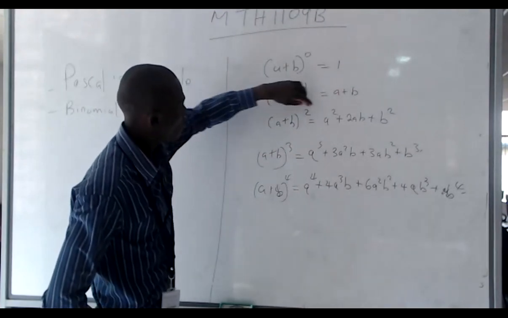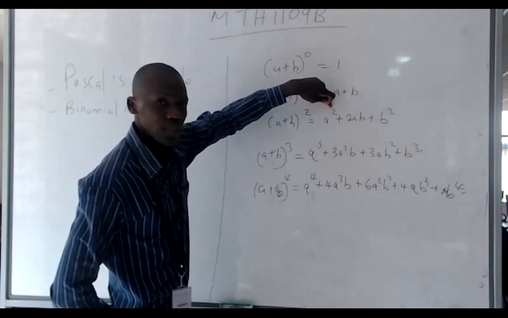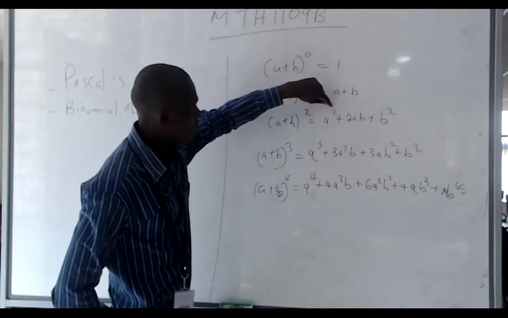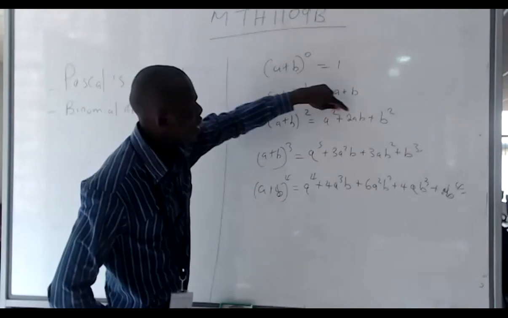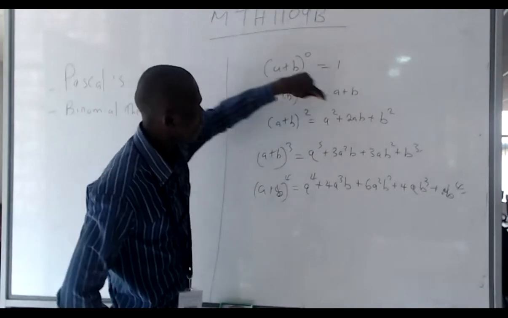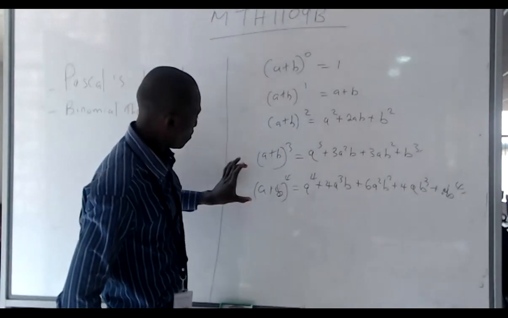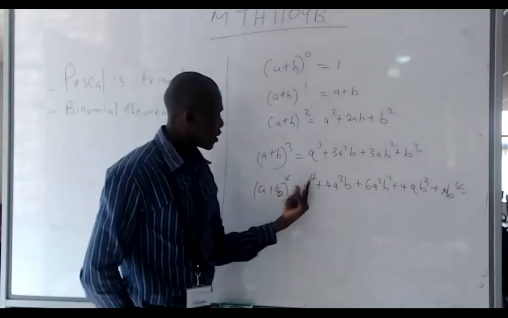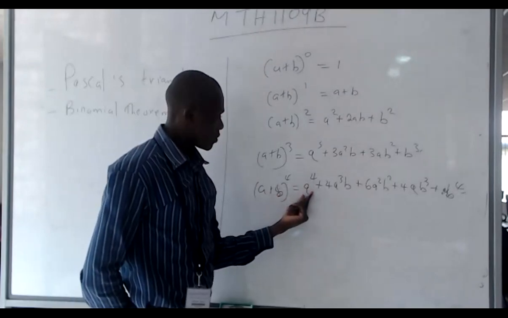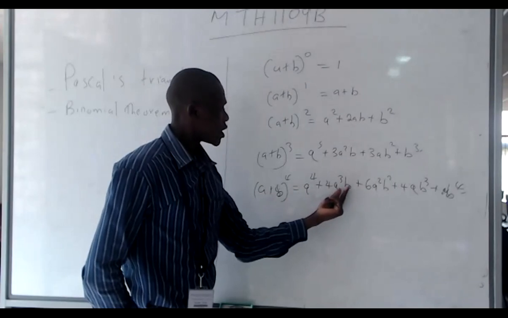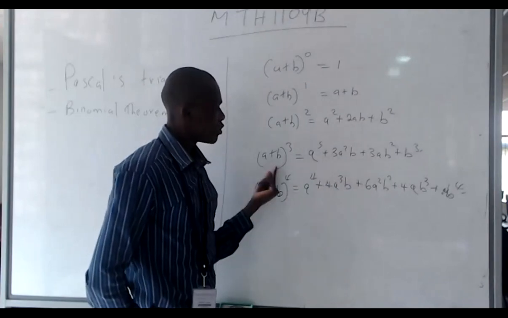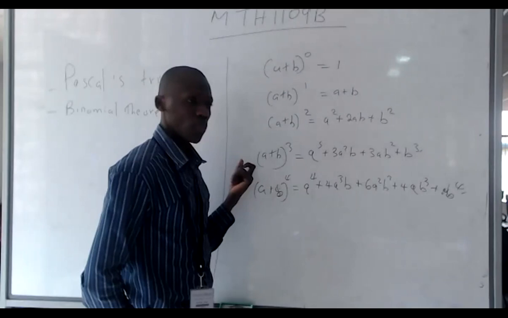And here you have each and every term. For example, a squared, there's a b power 0. So 0 plus 2 gives you a power 1, b power 1, 1 plus 1 gives you 2. Same as when you go to 4. A power 4, there's a b power 0, and a power 3 plus b power 1, 3 plus 1 gives you 4. 2 plus 2 gives you 4.